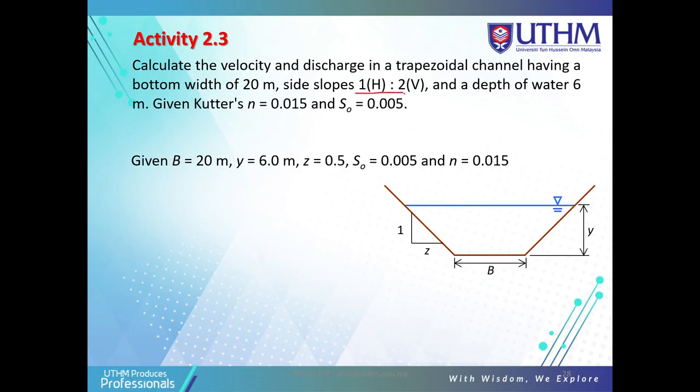Okay, we have 1 horizontal, 2 vertical. So 1 over z, this is the side slope, and we know that the side slope is 1 horizontal and 2 vertical, so the vertical is 2 here, and 1 over z is equal to 2 over 1.